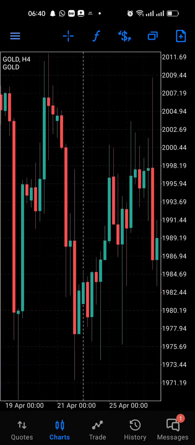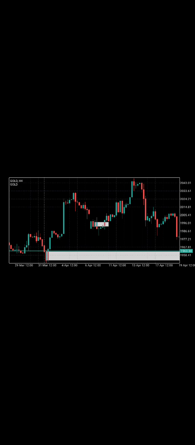But as you can see, this is a bullish engulfing candle.